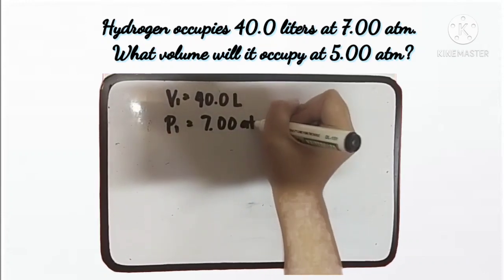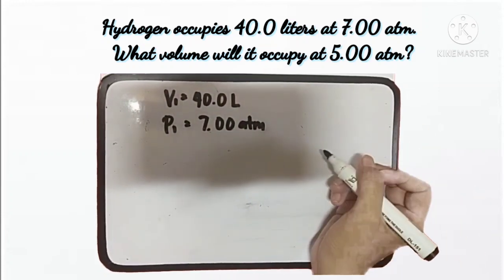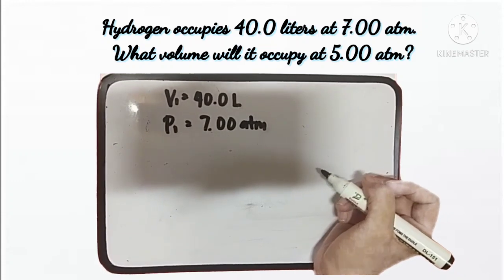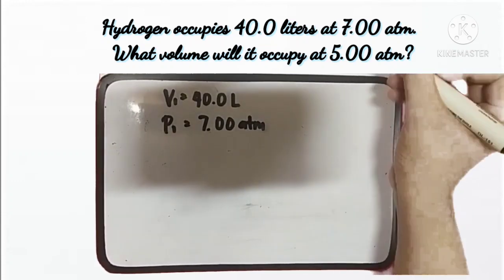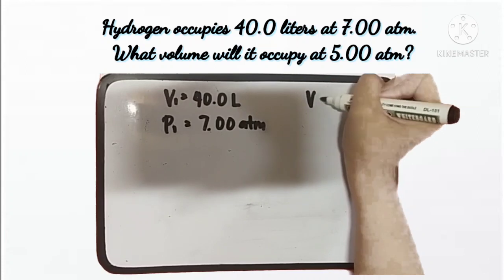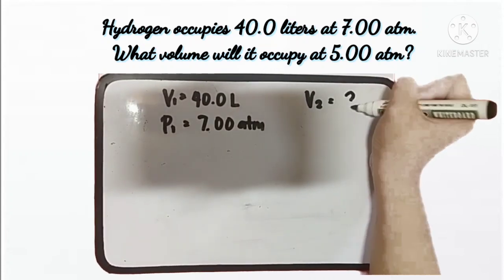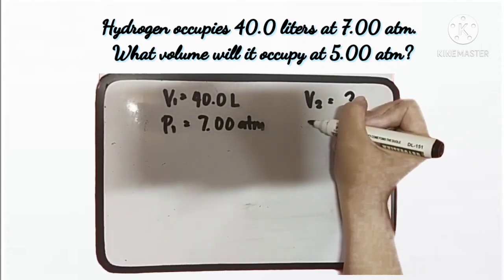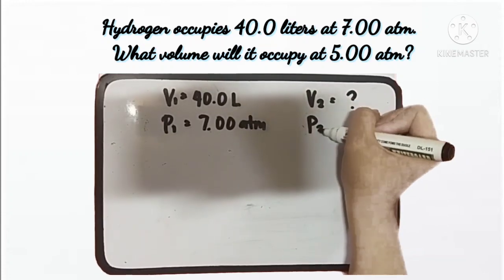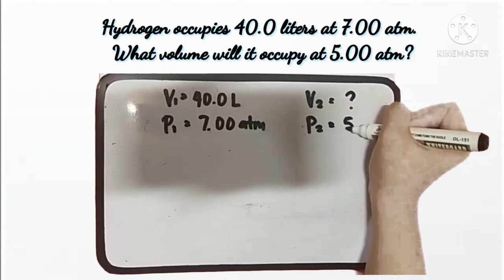What is asked is the volume that it will occupy at 5 ATM.